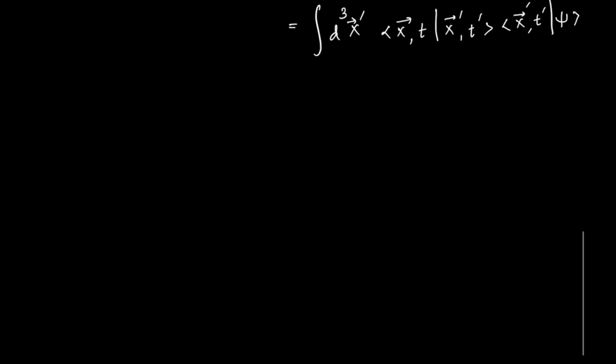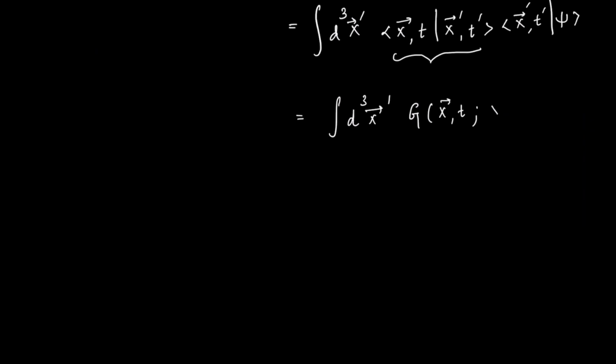Now if you see, this object is the propagator. So I can write the integral d cube x prime of G of x comma t, x prime, t prime. Then what is remaining is the wave function psi of t prime, x prime.